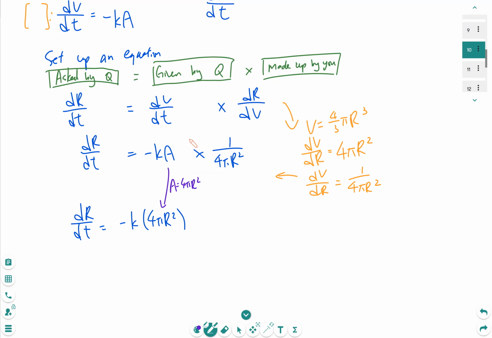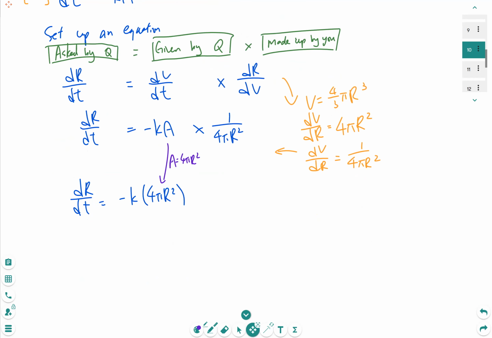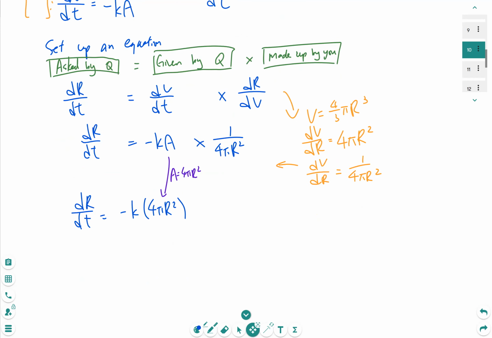We're told by the question, you can link it with the 4 pi r squared in here. Next, times it by 1 over 4 pi r squared, and then we can see 4 pi r squared cancel each other. So dr by dt equals negative k.